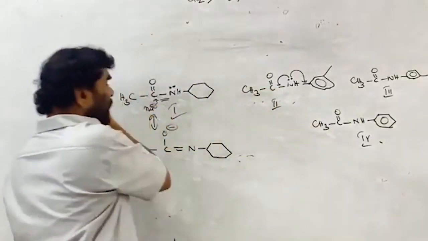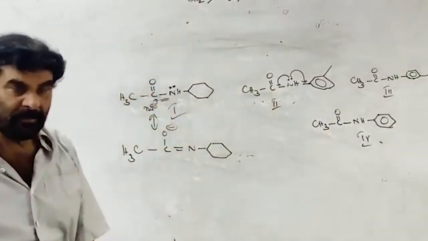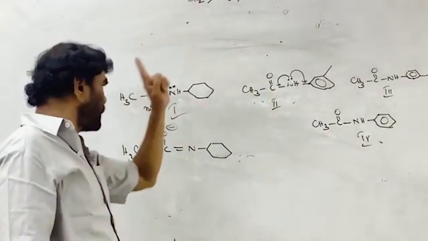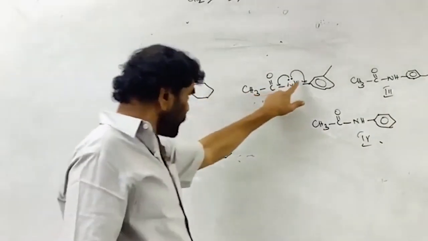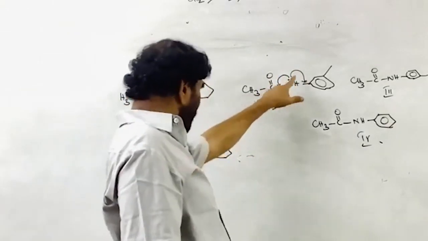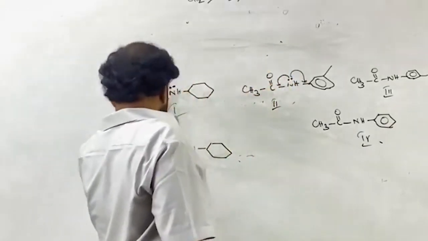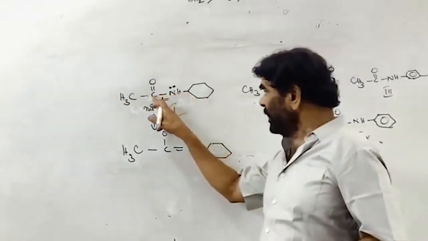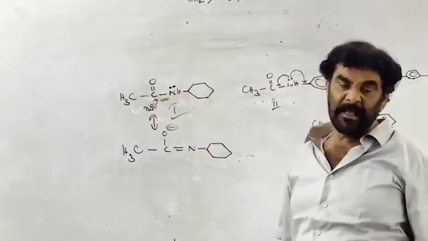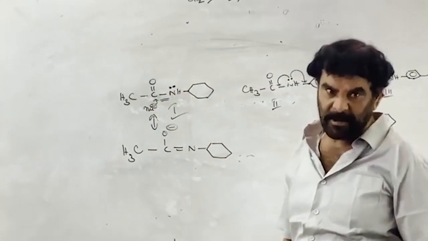Therefore, comparing 1 and 2, 2 should be more reactive than 1. Understand? And here the lone pair is not fully involved in the resonance. Here it is only dedicated to the resonance with the C double bond O, which decreases the positive charge on the carbonyl carbon or acyl carbon.